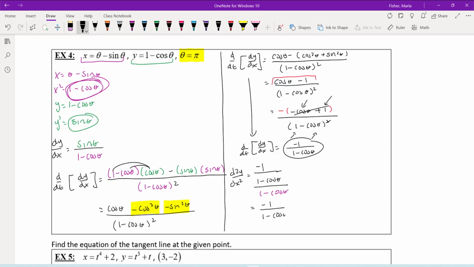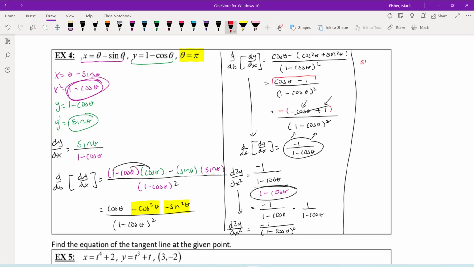If we were to multiply that by the reciprocal of this guy here, that's going to be a 1 over 1 minus the cosine of theta. And that means that this second derivative of y with respect to x is negative 1 over 1 minus the cosine of theta quantity squared. So I have the first derivative and I have the second derivative. Now I need to find the slope and the concavity.